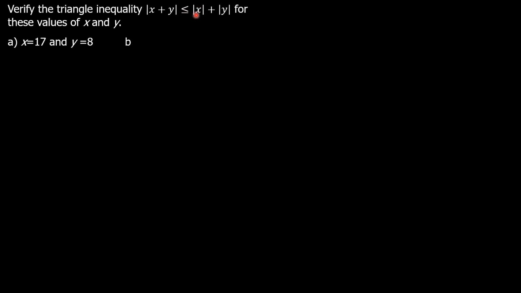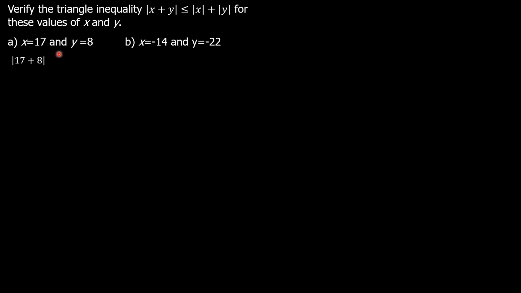Next, verify the triangle inequality. Absolute value of x plus y is less than or equal to absolute value of x plus absolute value of y for these values of x and y. So for part A, x is 17 and y is 8. For part B, x is negative 14 and y is negative 22.